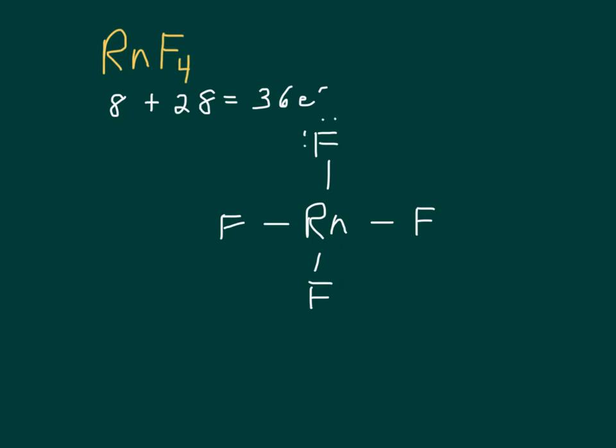I'm going to give everybody 8. But I've only got 32 electrons. So I need 4 more. So I'm going to put 2 pairs around the central atom. It doesn't matter where, as long as there is a pair. That's the structure for RnF4. So that's one set of exceptions that you don't really have to memorize.